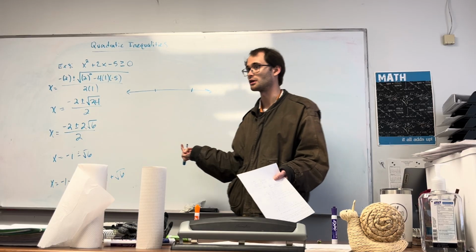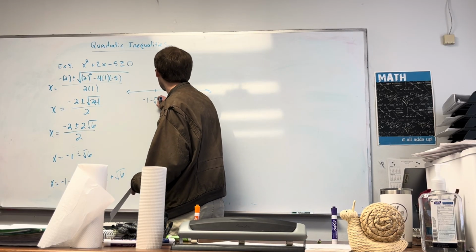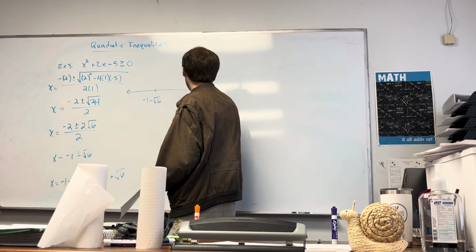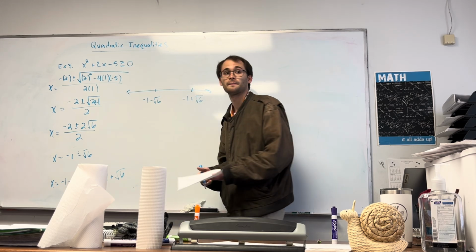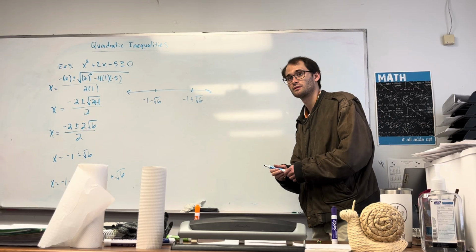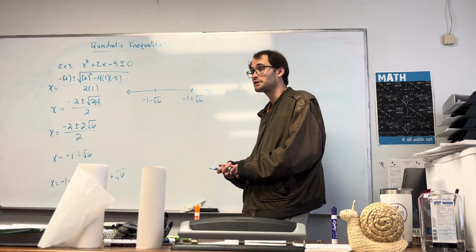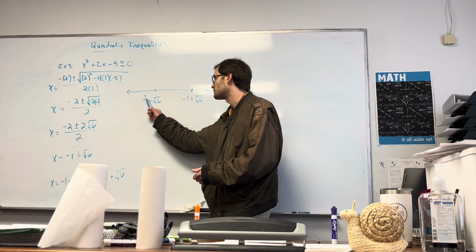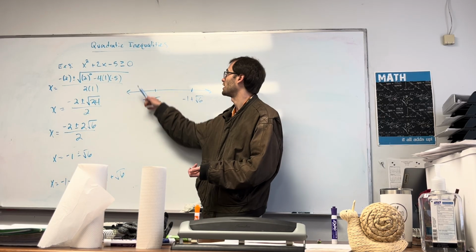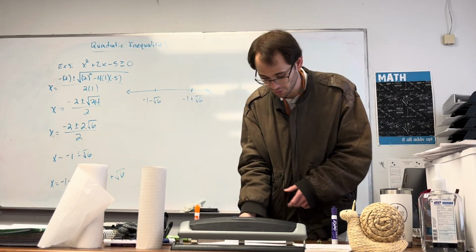Those are the two things that go on the sign chart: -1 minus square root of 6 and -1 plus square root of 6. Functionally though, with a calculator, this is the same idea. You would store this as x and then type in the original function and then spit out your numbers.